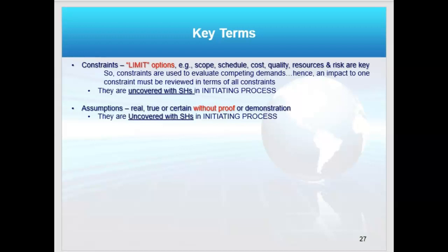Because look at the definition: they are real, true, or certain without proof or demonstration. And so I want to make sure they're a risk to me until I've proven that they're true. Like requirements, like risks, like quality standards, I am getting constraints and assumptions from my stakeholders.